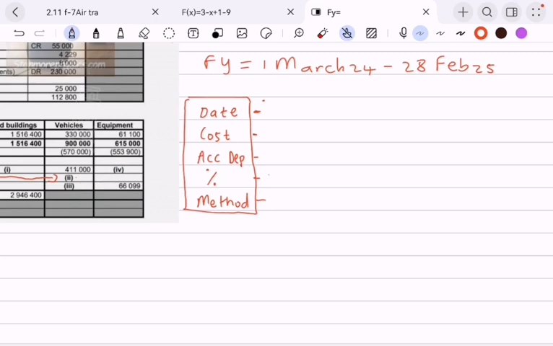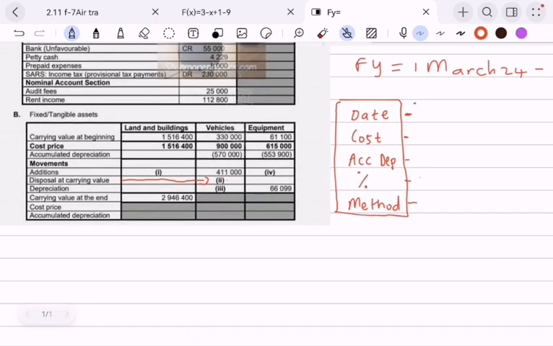So, the next part of the fixed assets, they're looking for the depreciation. This is the depreciation for the year. And we have a new vehicle by the look of things. We also have the old vehicle by the look of things.